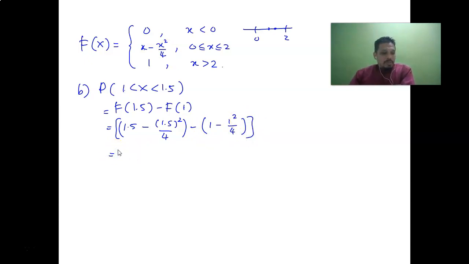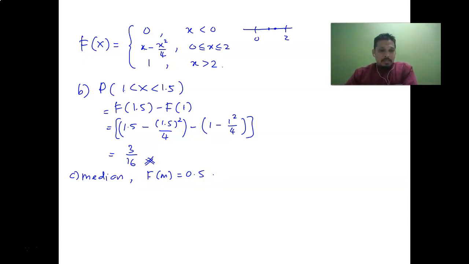You may use your calculator, it will give you 3 over 16. And median, for question C, median, which is F(m) equal to 0.5.